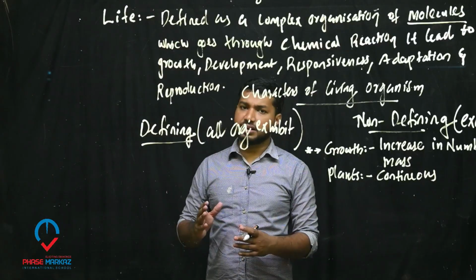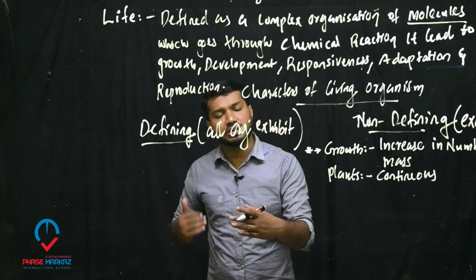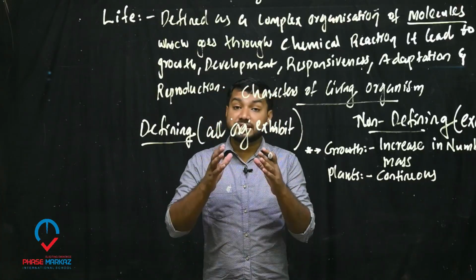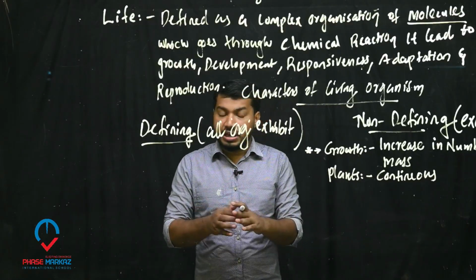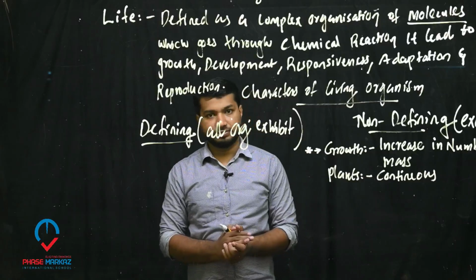So if the plant has around a 10-year lifespan, throughout the 10 years the plant is growing continuously. That's the reason we can say the growth of a plant is a continuous one.